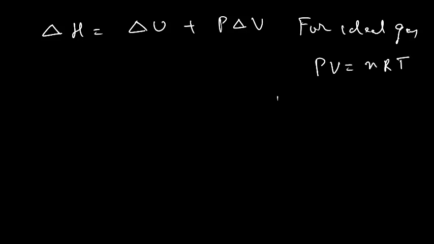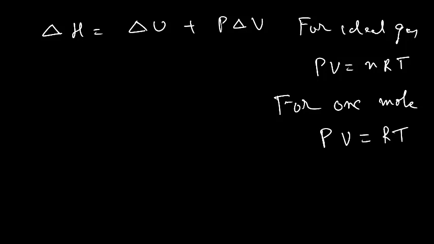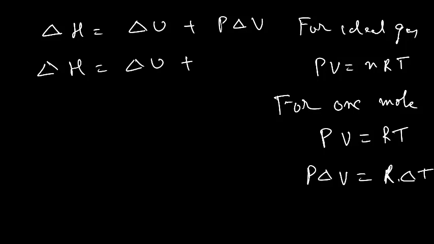For 1 mole of the gas, PV is equal to RT. Delta H means it is at a constant pressure. Therefore, P delta V is equal to R into delta T. So in place of P delta V, we can write R into delta T. Therefore, delta H equal to delta U plus R delta T.